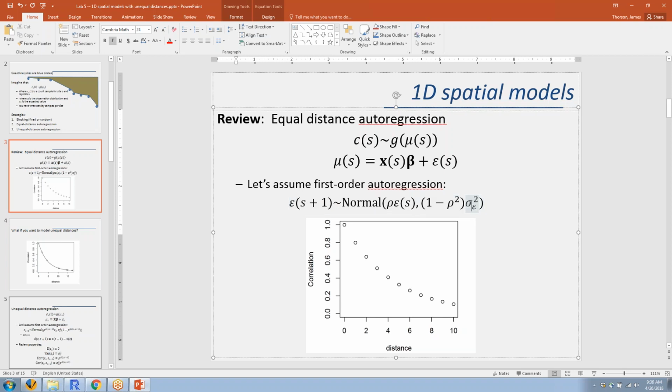So I'm going to redefine this first equation this way. Okay, so let's break this down a little bit. I'm kind of going through a couple pieces at once here.